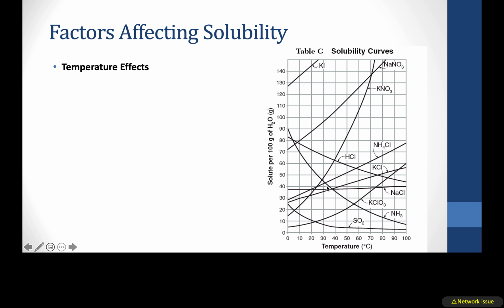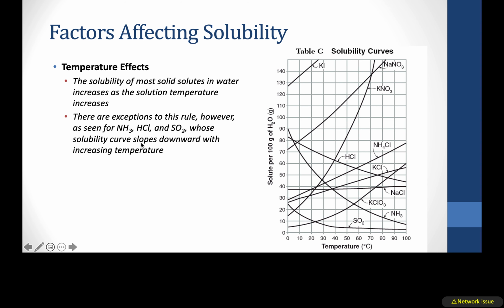And you'll notice most substances, as temperature increases, solubility increases, but not all of them. NH3, SO2, HCl. Okay, a few of these substances actually decrease in solubility as temperature increases. So the solubility of most solid solutes in water increases as the temperature increases.